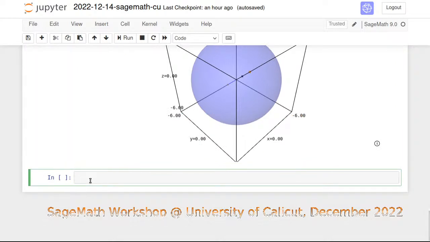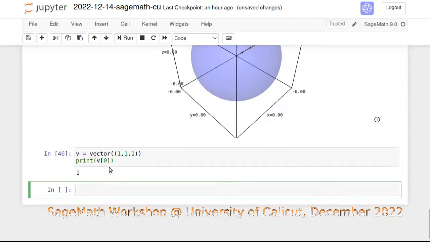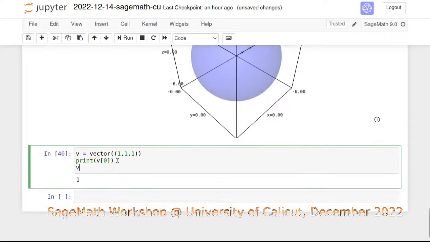For example, if you define v to be equal to vector 1, 1, 1, and ask to print v of 0, this will print the value 1. But you cannot assign anything. V of 0 you cannot modify, if that's what you want.